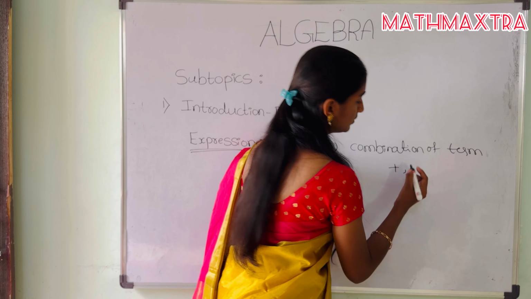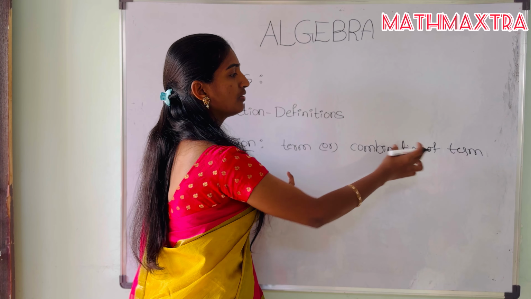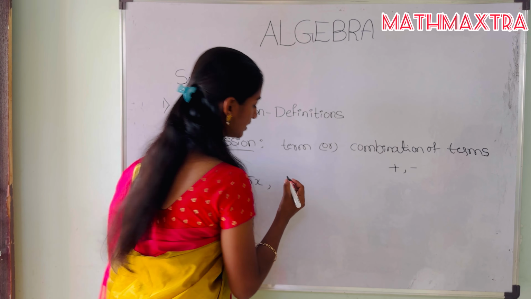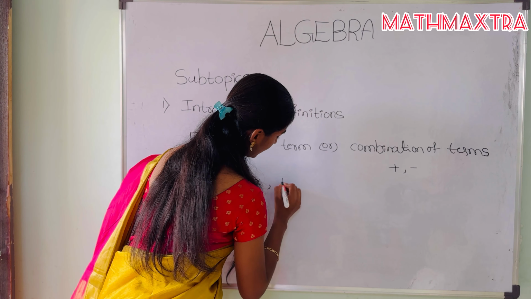See, it may be a term. Considering 5x, yes, it is a term. It is also an expression, isn't it, according to the definition. And a combination of terms joined by plus or minus: consider 5x plus 3y.